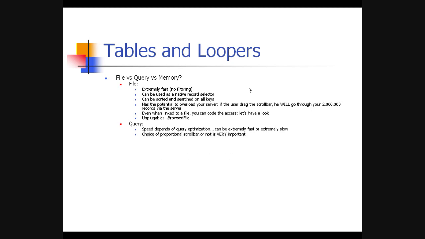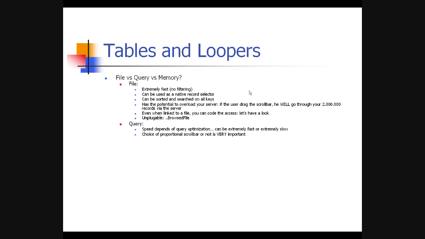Now, suddenly, the choice of proportional scroll bar or not is very important. Perhaps some of you followed the thread that went on Parsimony some time ago, where I was talking about that particular point. The scroll bar options, proportional or not, it's very simple to understand.